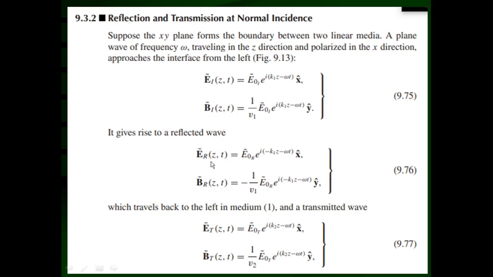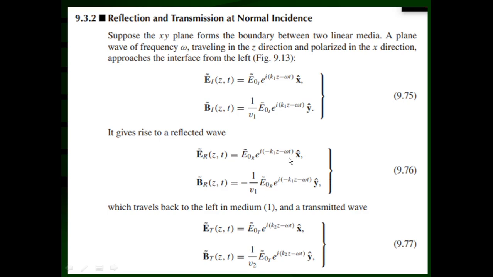Now we can write the equation for the reflected waves. The electric field of the reflected waves, also a function of z and t, is equal to E0r, the amplitude of the reflected electric field, times e raised to i(minus k1z minus omega t) x caret.